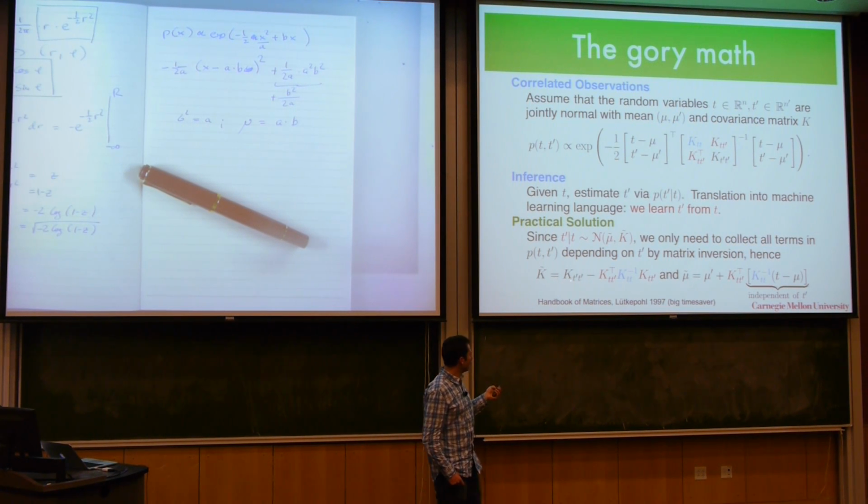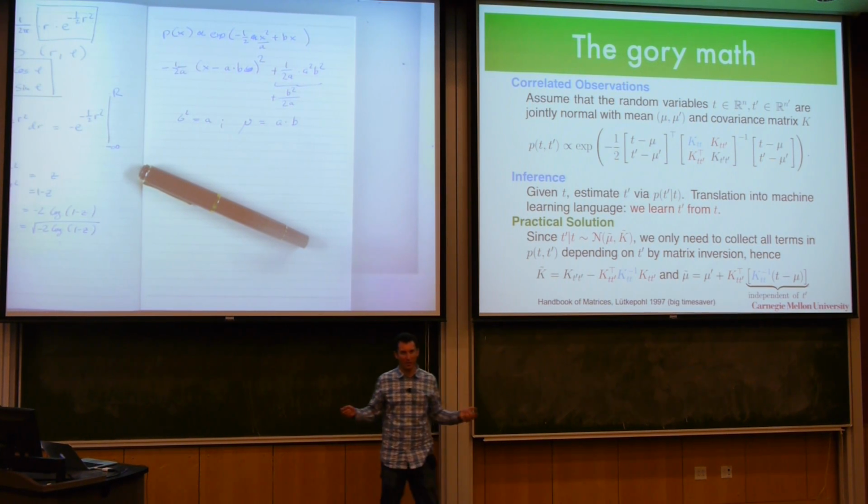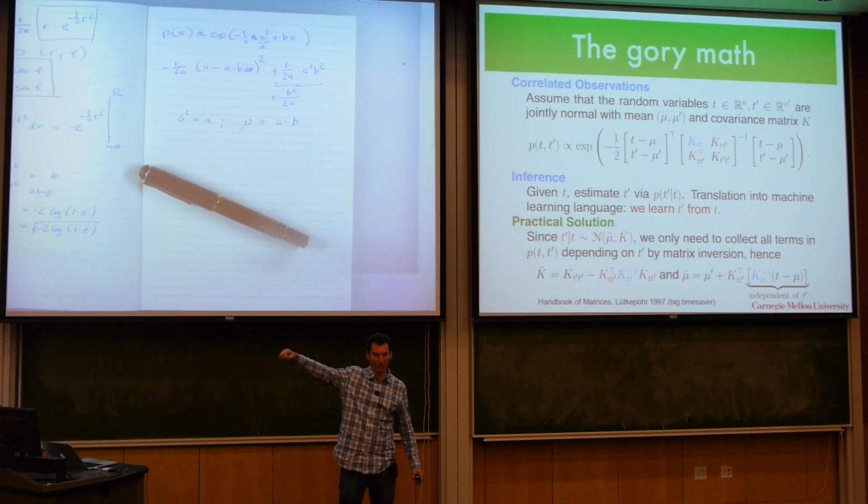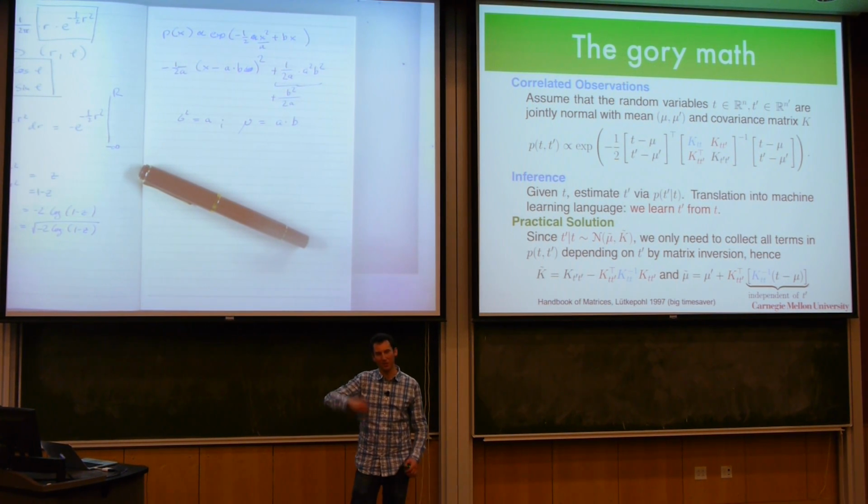The other nice thing that you can see here is that the covariance is reduced, but it's reduced commensurate to how strongly correlated t and t primes are. If these variables are very strongly correlated, they get a massive reduction. This is exactly what I would expect. If they're strongly correlated, then knowing one thing tells me a lot about the other. For instance, if height and weight were very strongly correlated, then just knowing the height immediately tells me the weight.